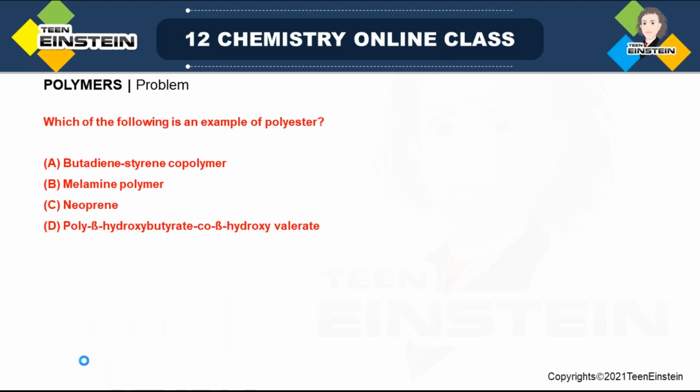As this chapter is complete and we have some time, we will discuss questions related to all the topics that we have seen in this chapter. Which of the following is an example of polyester? Butadiene styrene copolymer.